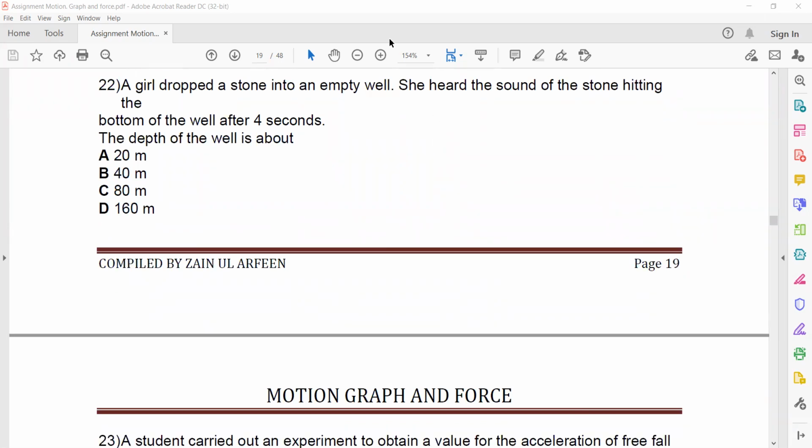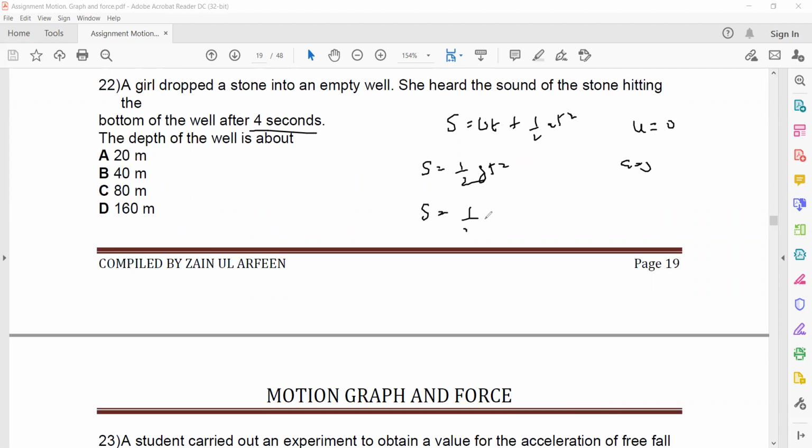A girl dropped a stone into an empty well. She heard a sound, the stone hitting the bottom, after 4 seconds. How can we find the depth? An object is dropped from a certain height, initial velocity is 0, so S is equal to ut plus half at square. For a falling object, u is equal to 0, so S is equal to 1 by 2 g t square.